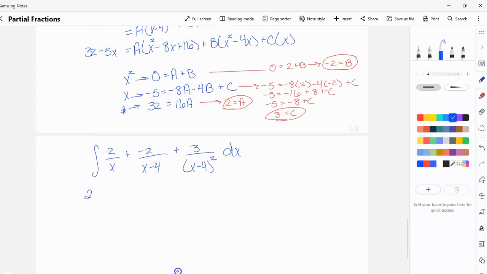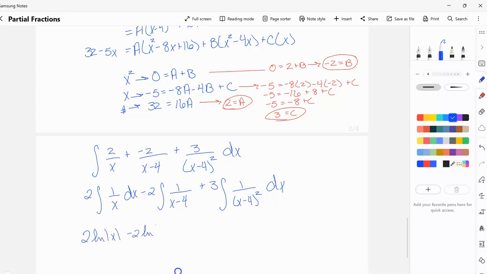So I'm going to think about rewriting this and integrating each piece separately. And if you don't need to do that step, that's perfectly fine. Now those first two pieces are going to be LNs. The question is, what are we going to do with this guy?